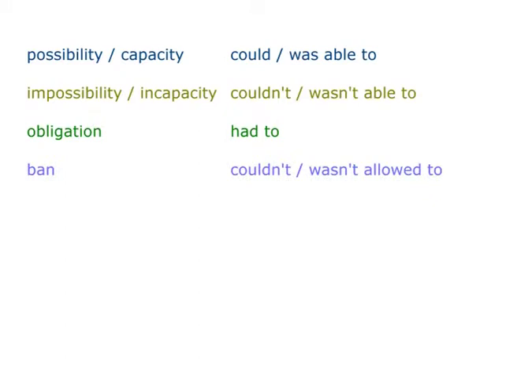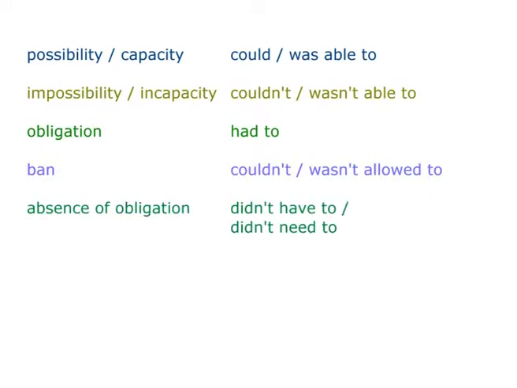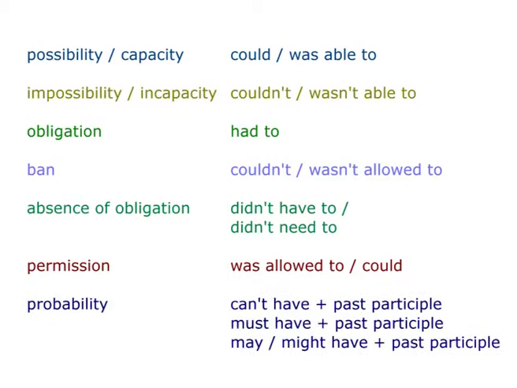Ban, couldn't, wasn't allowed to. Absence of obligation, didn't have to, didn't need to. Permission, was allowed to, could. Probability, can't have plus past participle. Must have plus past participle. May or might have plus past participle.